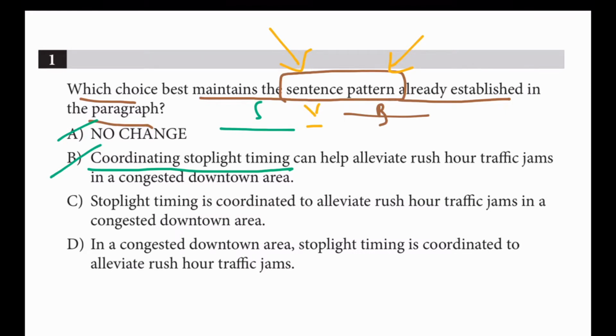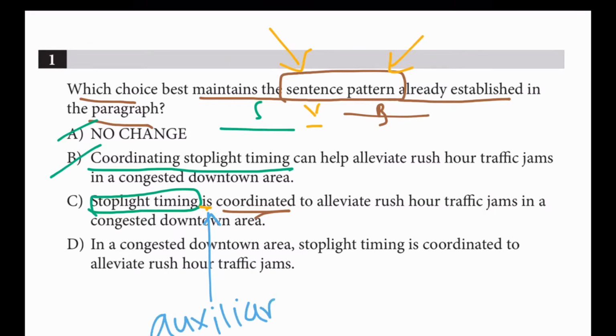Let's look at C. Stoplight timing is coordinated. Now this does look like the pattern. We have one subject, we have a verb, is, and we have this other verb. Now, this is not helpful in grammar in general, but it is good to know. Is, right here, is what we call an auxiliary verb.